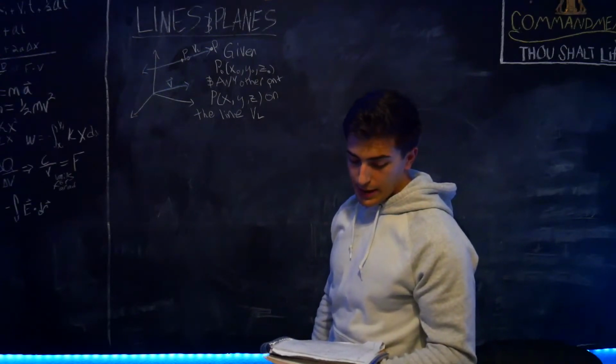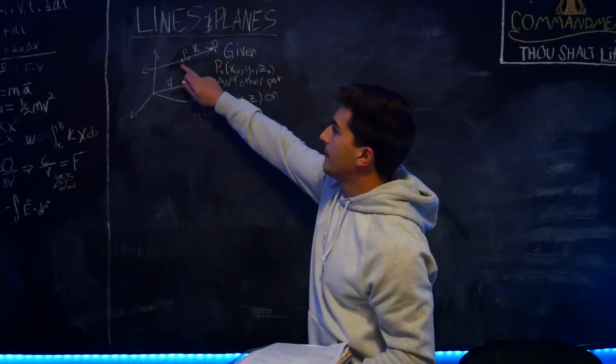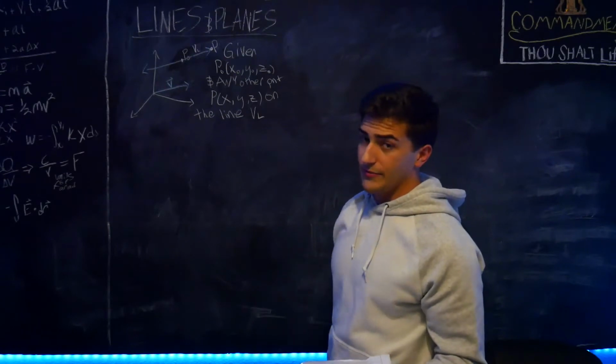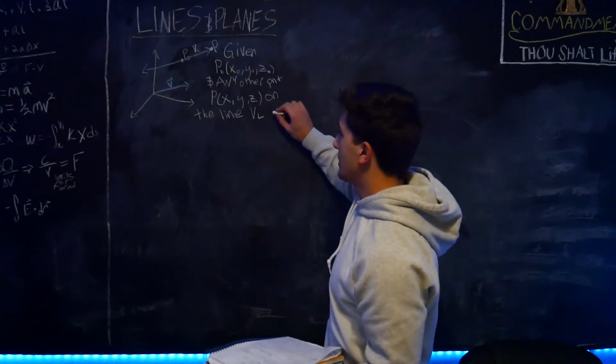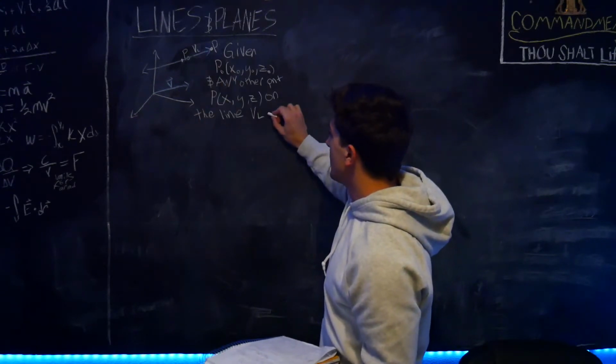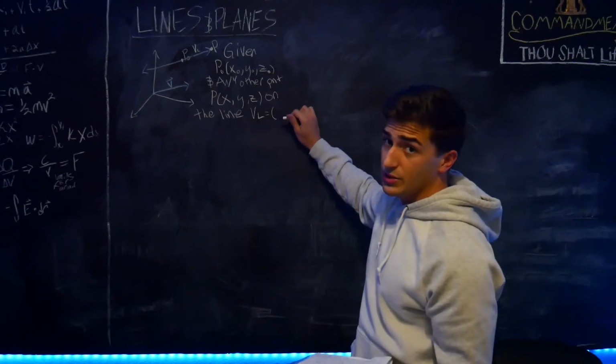So, how do we define this line then? Well, that's easy. We were given 2 points, the first statement. So we can say vector L, this vector, is equal to, and pause and try to do this yourself.